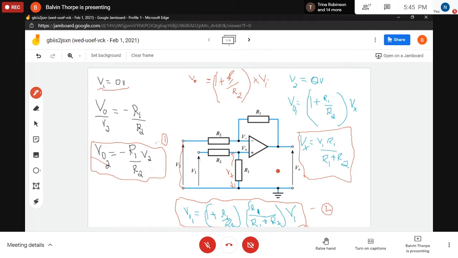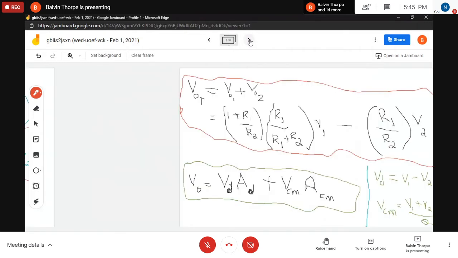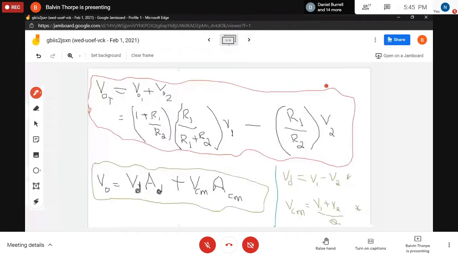So our output voltage would look like this, and you can call this equation 3. Everybody see that? All I'm doing now is summing output voltage 1 and output voltage 2 to get the total output voltage, based on what the superposition theorem speaks to.